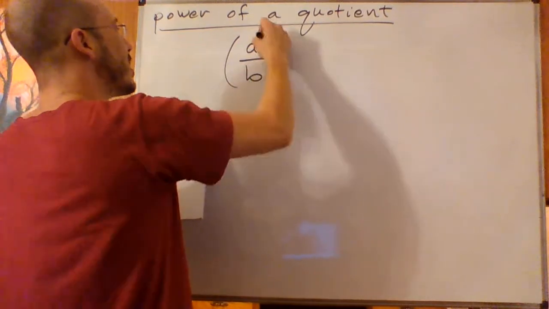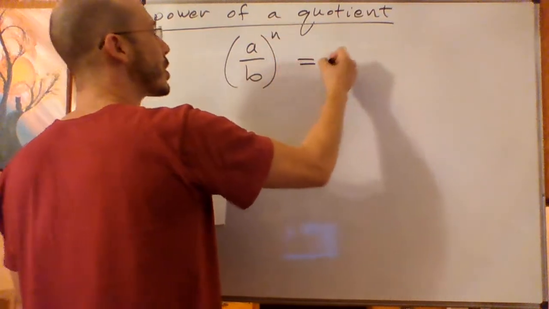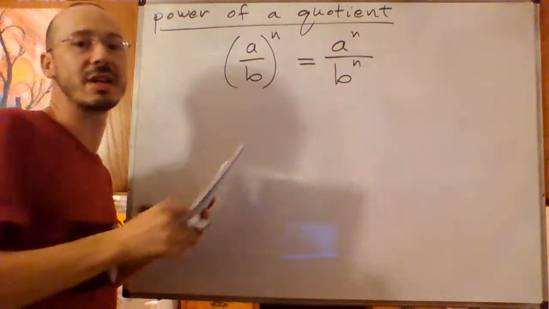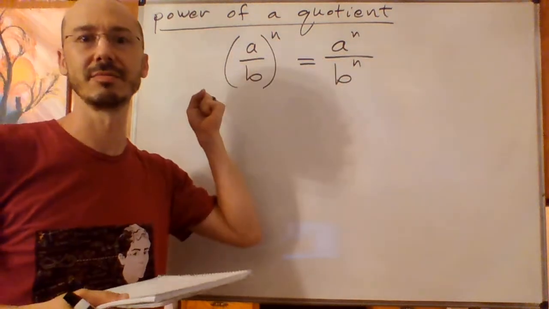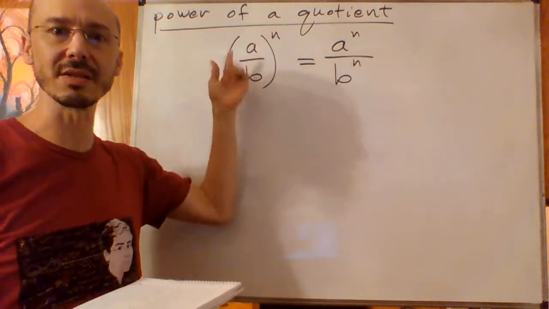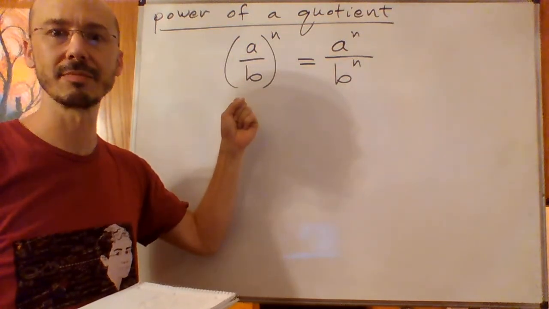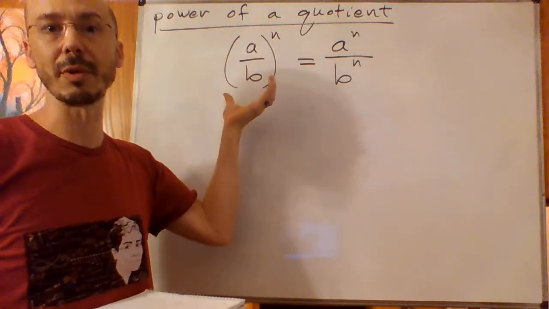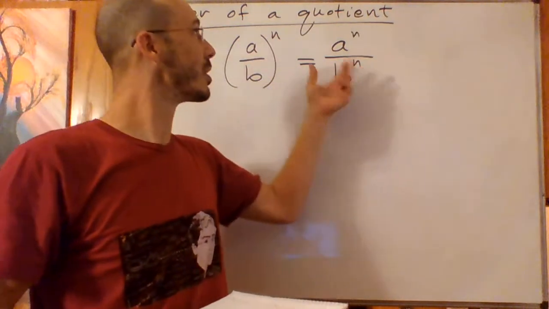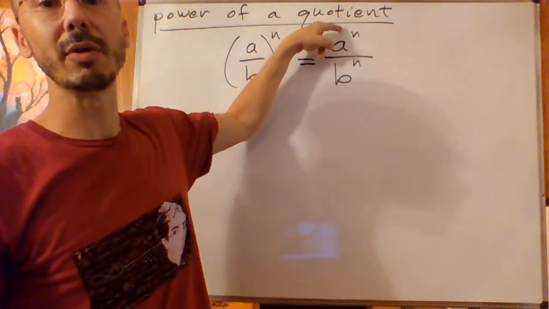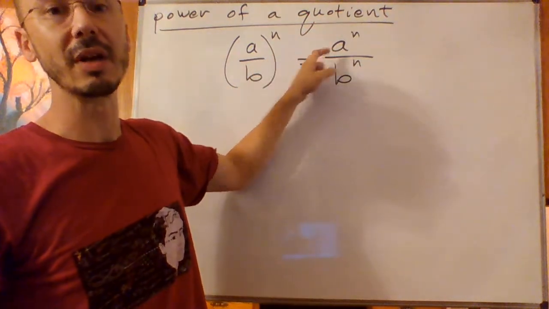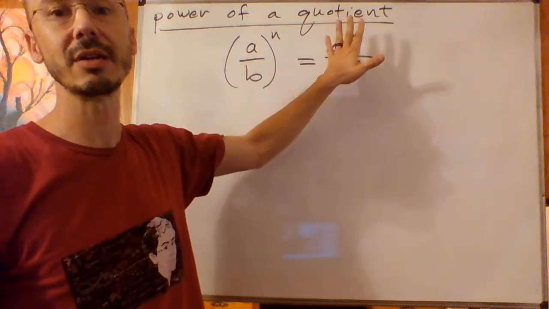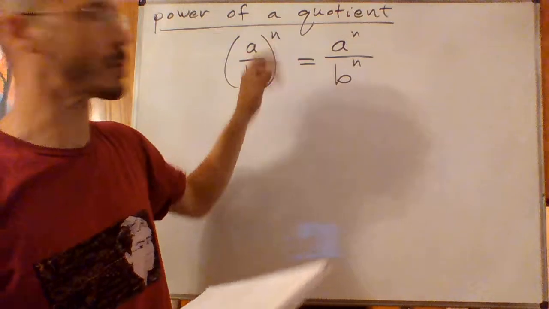And it says that if I take a quotient to a power, I can take the powers of the numerator and denominator separately and then divide. So this says that I should do a divided by b, then raise that to the n power, the order of operations with the parentheses. Here, I can raise a to that power, and I can raise b to that power, and then divide. And this is actually going to help us simplify, usually, more than this form.